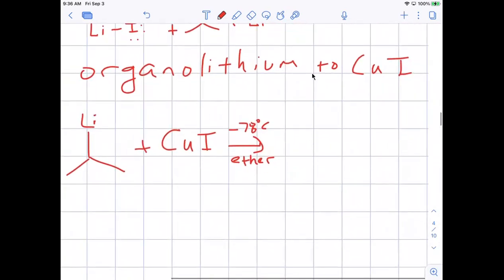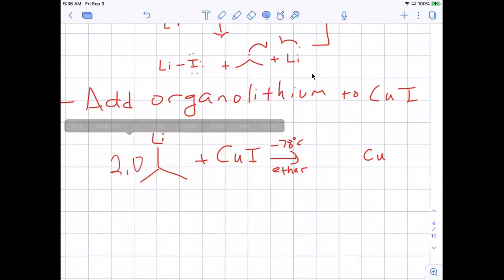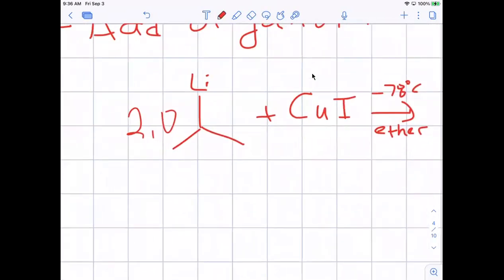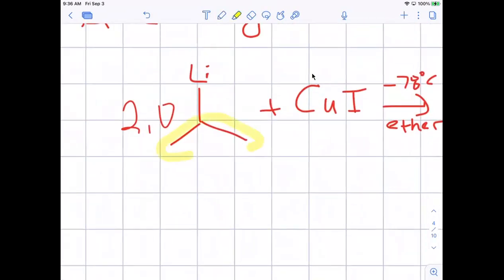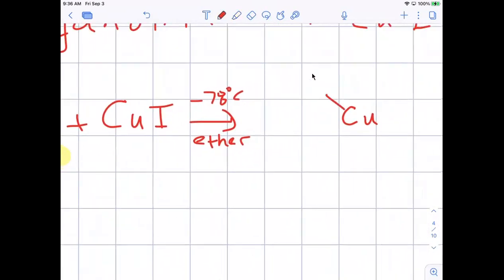So here, when you make your Gilman reagent, you end up with copper, and you have 2 equivalents of your organolithium. Both of those organo pieces, let me zoom in on that, this is a 3-carbon chain right here. Both of those are going to end up on copper with a covalent bond between copper and carbon.